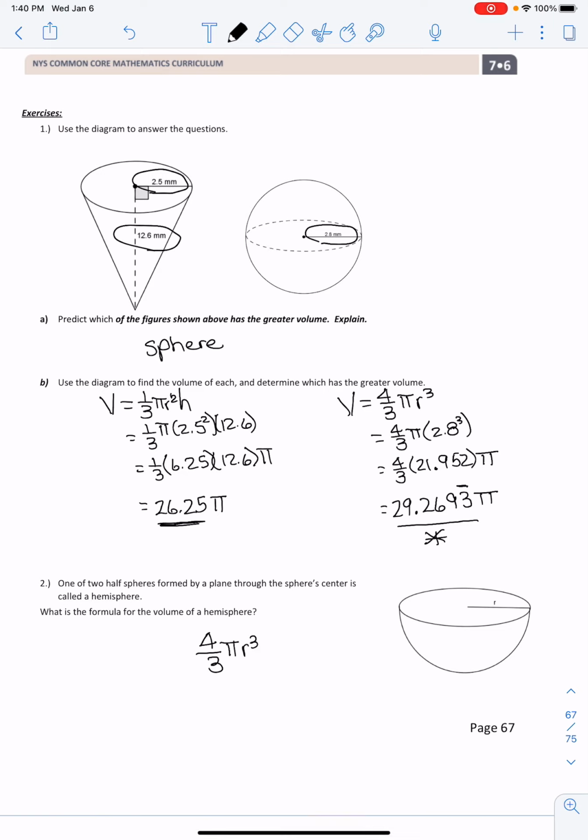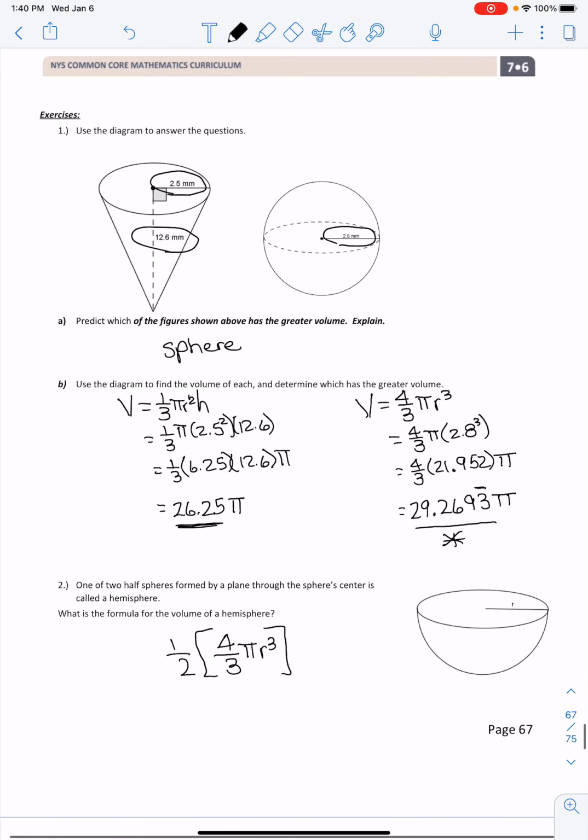Well, if I have to cut this in half, then I can multiply this by 1/2. When I do that, then I can simplify. 2 goes into 2 once, and goes into 4 twice.